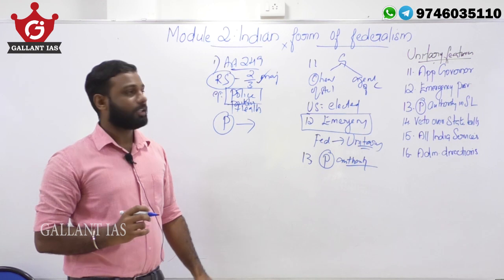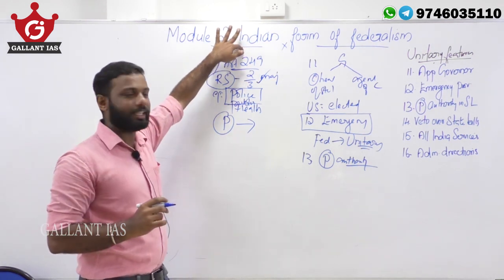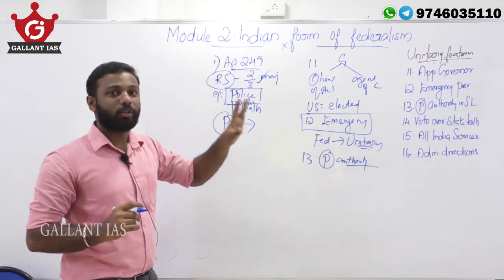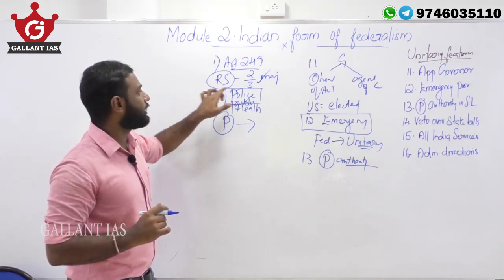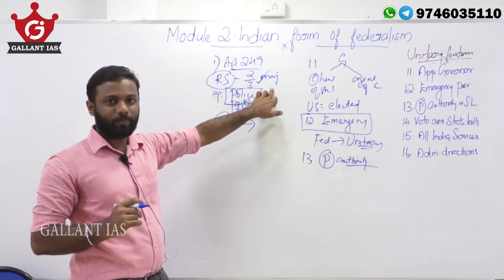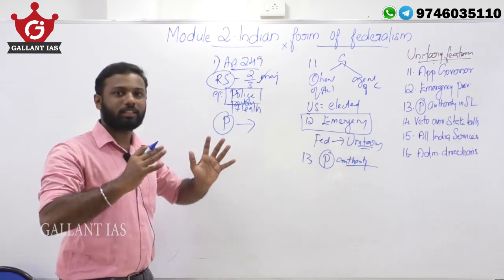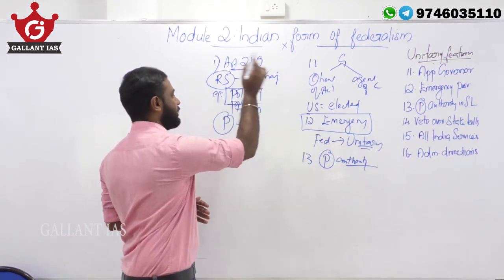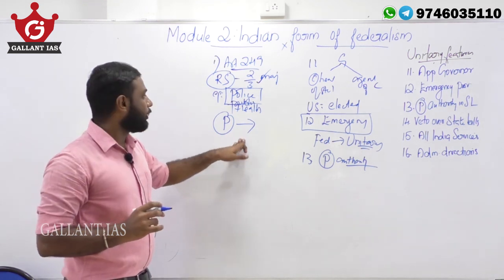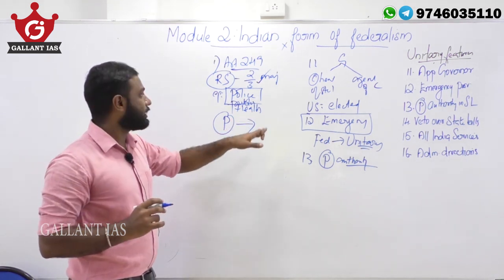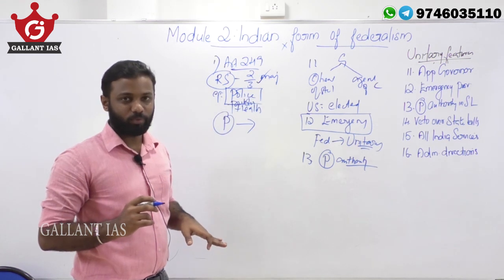Article 249 says that Parliament is empowered to make laws on the state list if Rajya Sabha passes a resolution to that effect by a 2/3 majority. That means first the Rajya Sabha has to pass a resolution by 2/3 majority. Then Parliament can pass a law on a subject under the state list also.